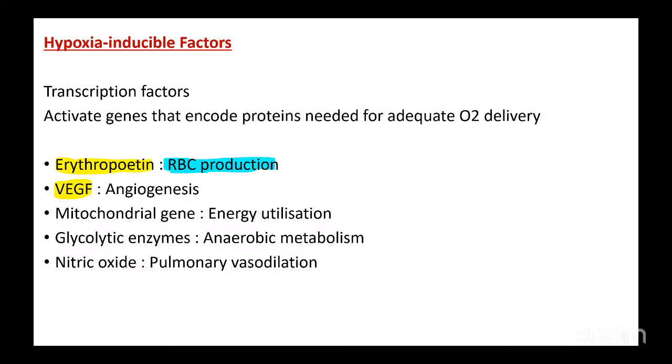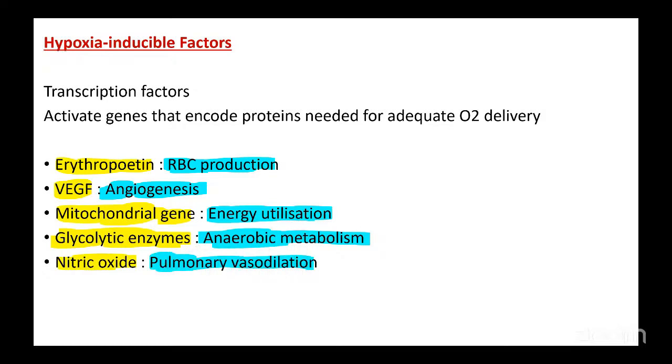Vascular endothelial growth factors, so that more angiogenesis happens. Mitochondrial genes for energy utilization, glycolytic enzymes, because we are considering that there is going to be a situation where hypoxia is going to happen. So anaerobic metabolism might be required. And nitric oxide for vasodilation, so that more blood flow is there. So these are all different changes that happen as a result of the release of hypoxia-inducible factors.